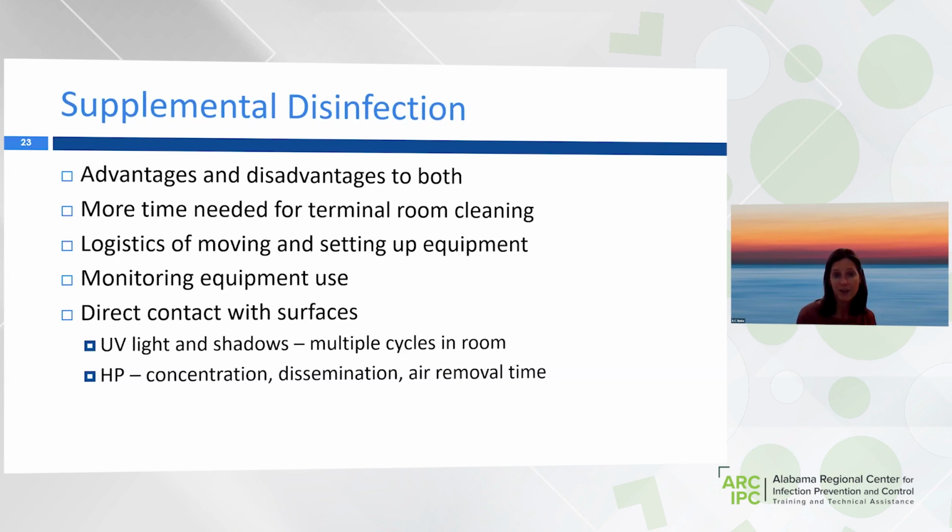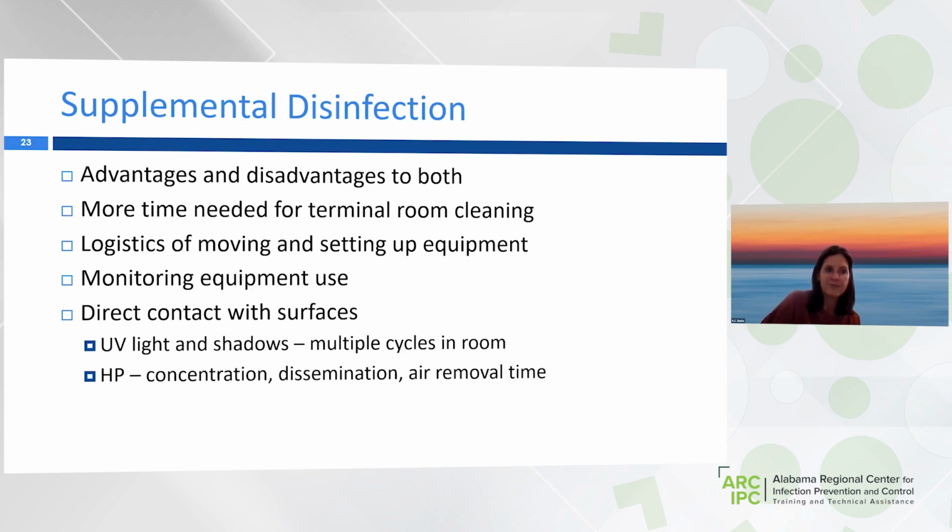All right. So in terms of the no-touch system, certainly we have advantages and disadvantages to both. We'll need more time for that terminal room cleaning, because again, we still have to do the manual cleaning, and then the time for, let's say, the UV light. There are some logistics with moving and setting up the equipment, and monitoring the equipment use. And with the UV light, one of the common challenges that has come up is that there may be some shadows in the room.